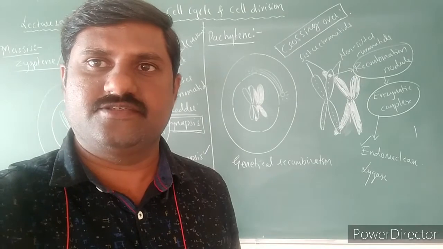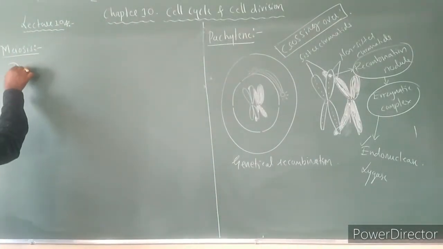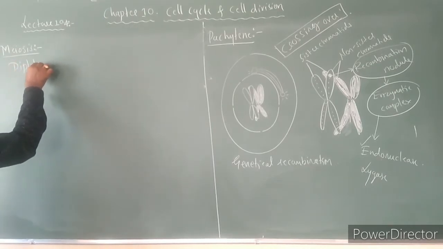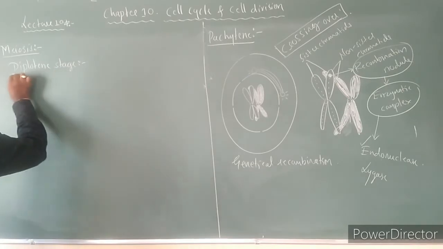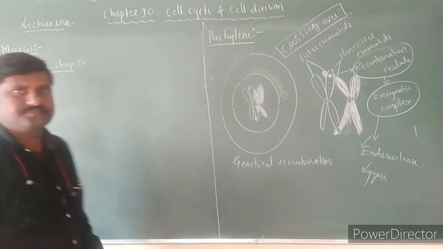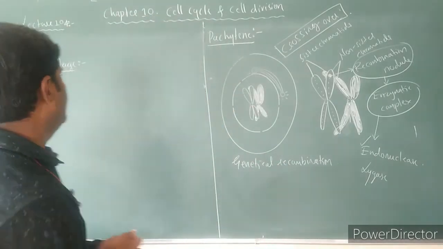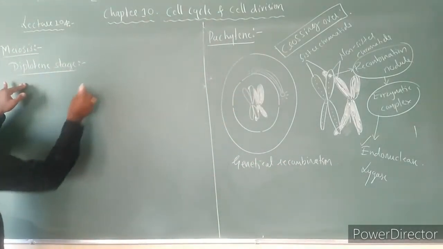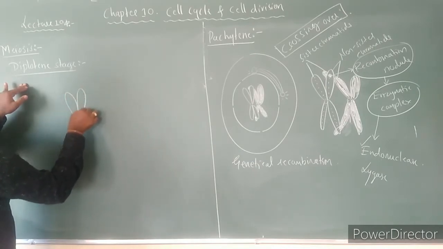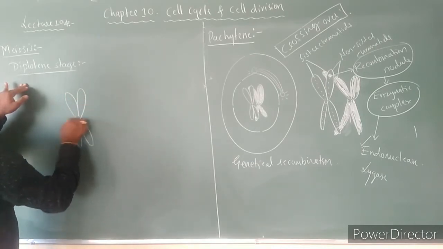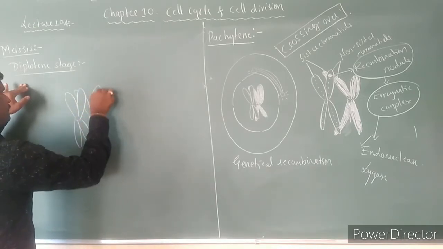The next stage is diplotene. In the diplotene stage, usually the two homologous chromosomes, what we come across here is, this is one homologous chromosome, this is another homologous chromosome.